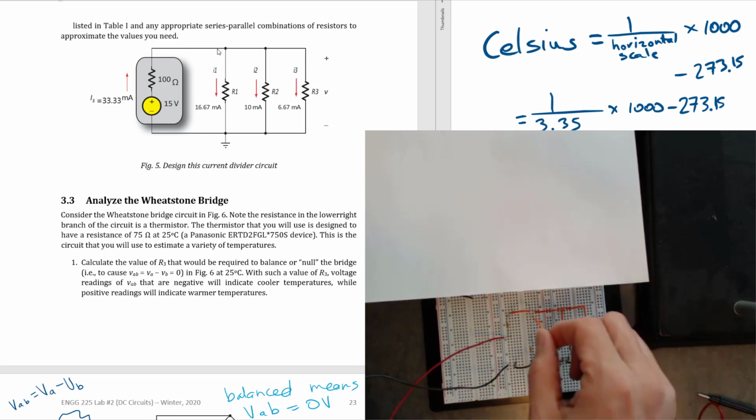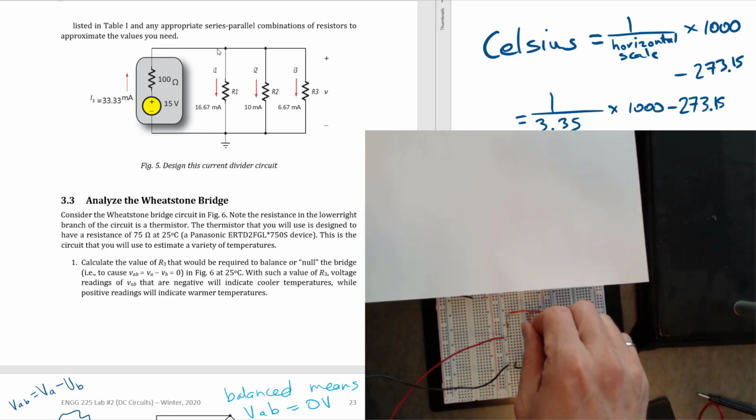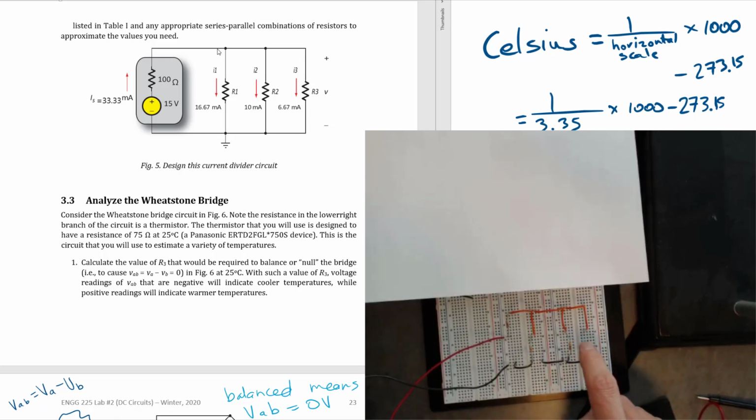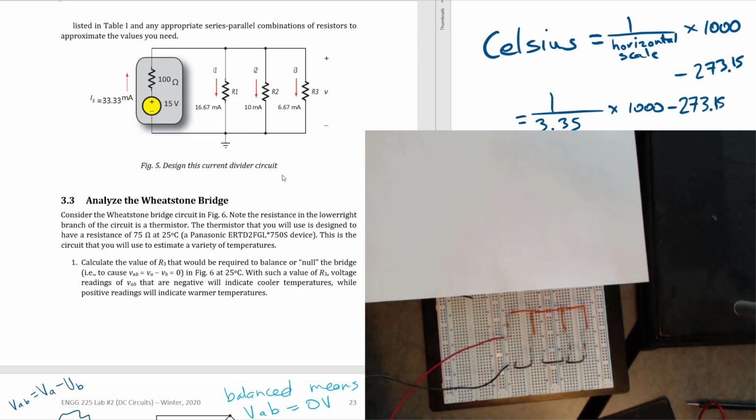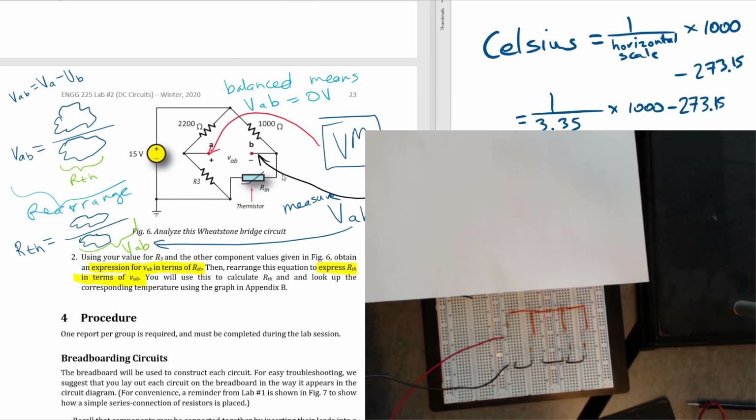So we could take out this jumper wire and so forth, okay, and make a current measurement. So we have the 3 resistors going across like that. Okay, so that's a way of building the current divider circuit in a way that looks like the circuit diagram, and it's much easier to see it working this way on the board.